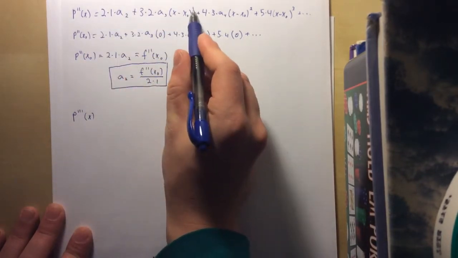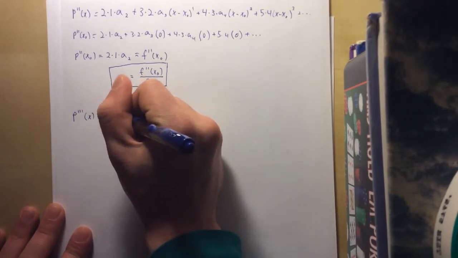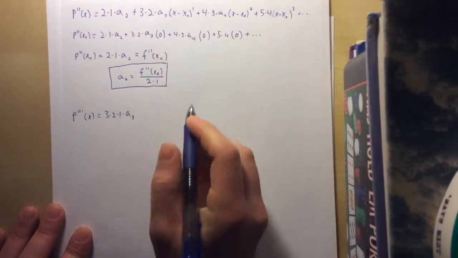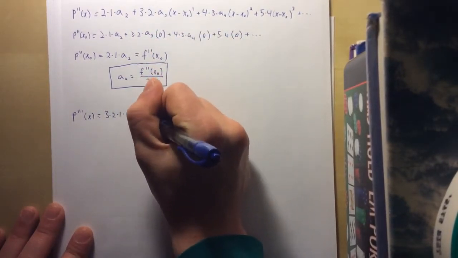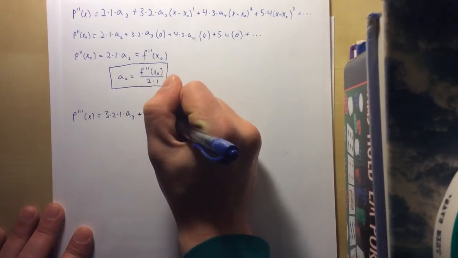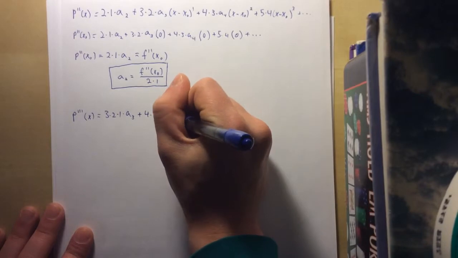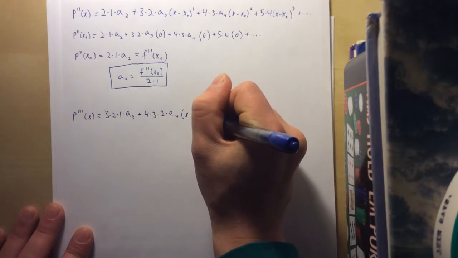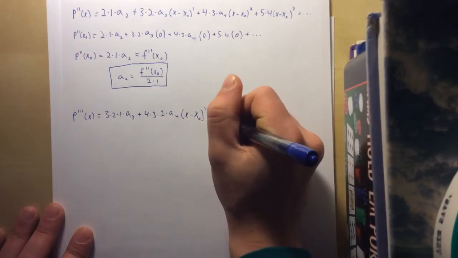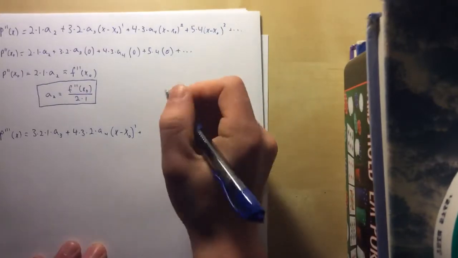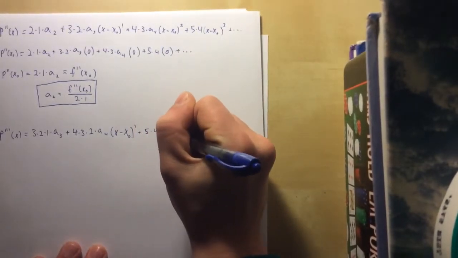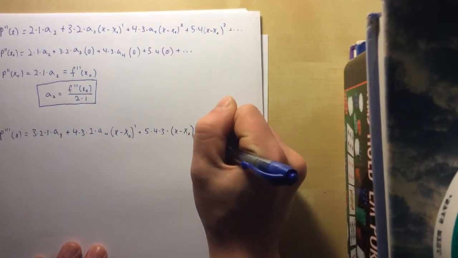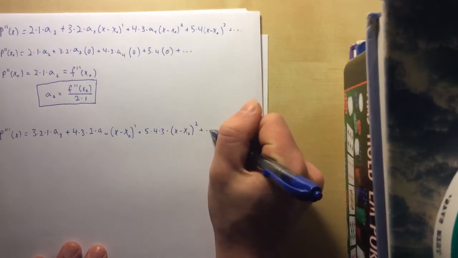We get 3 times 2 times 1 times a sub 3, and the new power is 0, so we don't have to worry about the x's, plus 4 times 3 times the power times a sub 4 times x minus x naught to the first, plus this term turns into 5 times 4 times 3 times x minus x naught squared, and we can leave it at that.